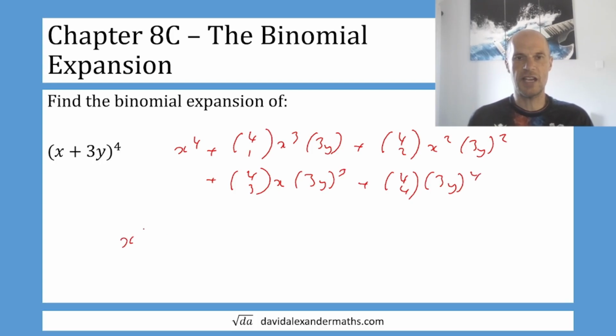So the first term is x to the 4 plus 4 choose 1, which is 4, times by 3, which is 12.